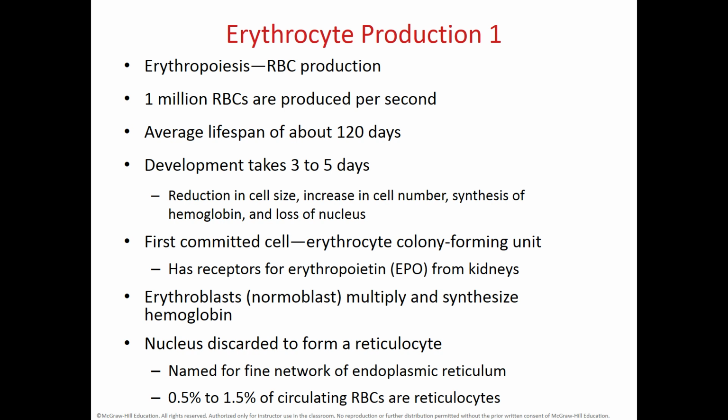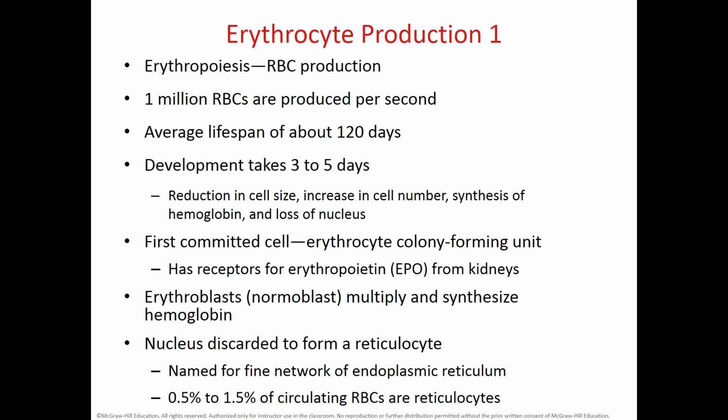When it reaches the bone marrow, it will bind to the erythrocyte colony forming unit cell, which will undergo mitosis to form this erythroblast, or normoblast, that is going to start multiplying and synthesizing hemoglobin.